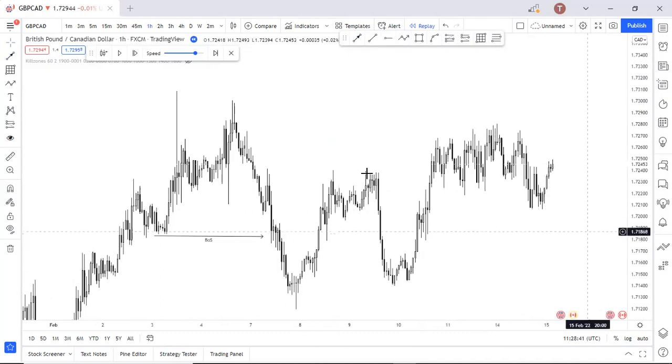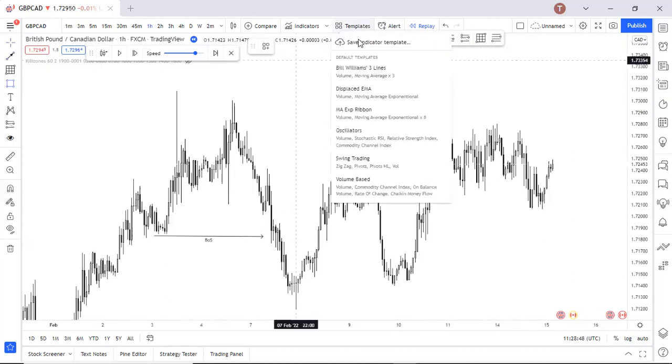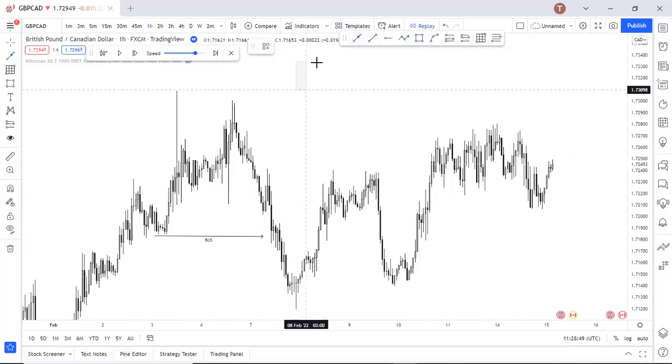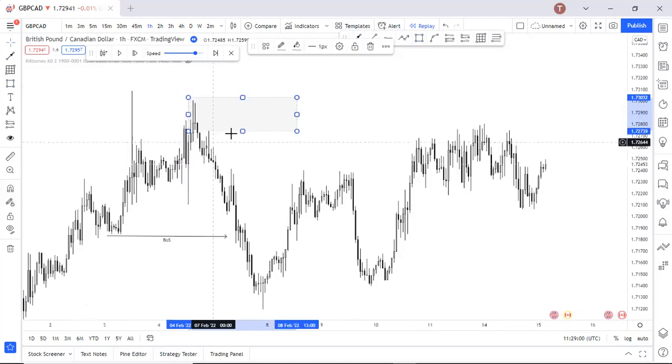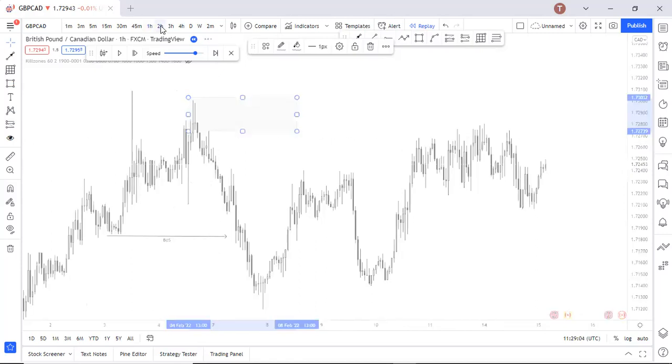So now the supply zone that caused this break of structure is right here on the 1 hour time frame. You can see the supply zone right here. Although this supply zone looks mitigated already, and that's why you need to check different time frames.